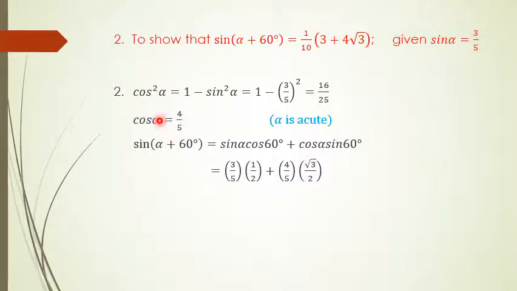Cos alpha is what we have just calculated, 4 over 5. Sine 60 degrees is a special angle. Sine 60 degrees is the square root of 3 over 2. Simplifying that, we obtain here 3 over 10, and here 4 times the square root of 3 over 10. Noticing the common denominator 10, we can now factor out 1 over 10, and get the required result.